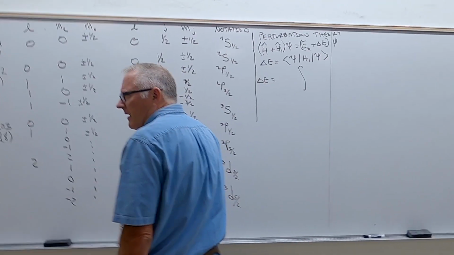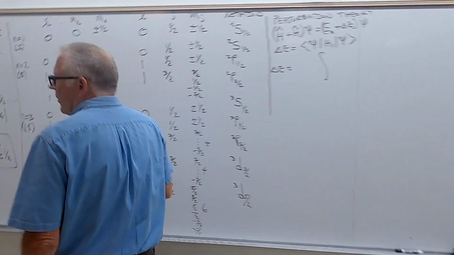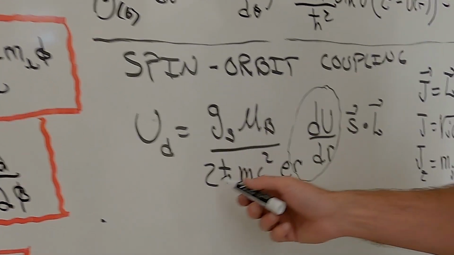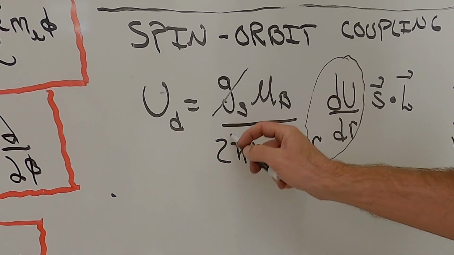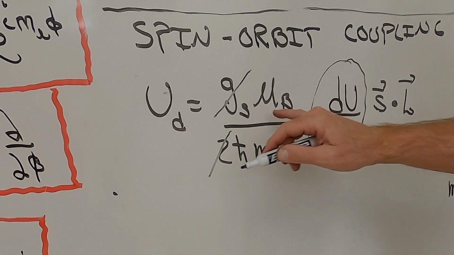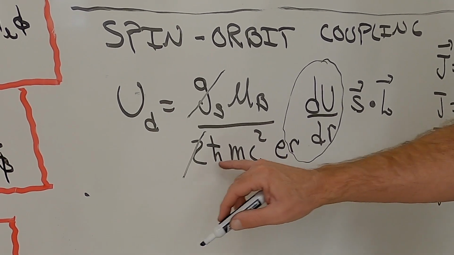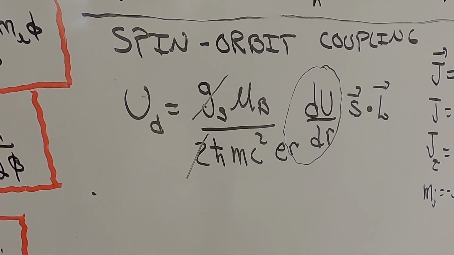So we got G sub s. Actually, over here, since G of s sub s is 2, and that's 2, I'm just going to cancel those 2 right there. So we got mu b over mc squared h bar e.